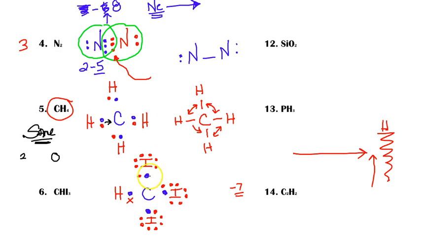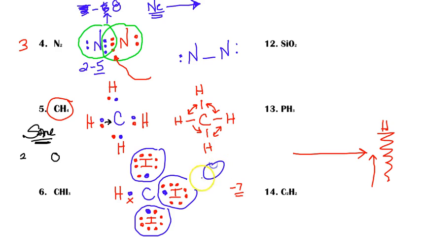So the question is, is this molecule polar or nonpolar? Well, if I look carefully, iodine and carbon are going to have 2 different electronegativities. I don't care if you know which one is higher. It doesn't matter. The idea is that iodine is different from carbon, and this is not symmetrical, not the same all the way around.